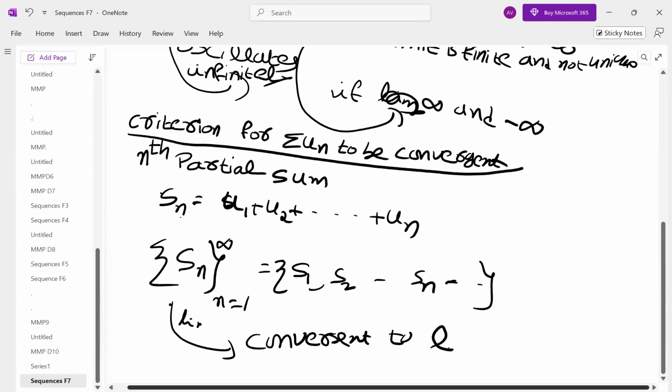If the limit is finite and unique, like we did for a sequence. This is a sequence.